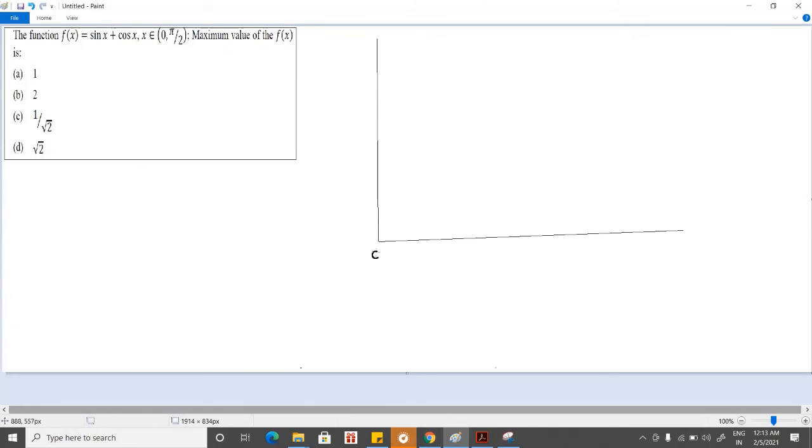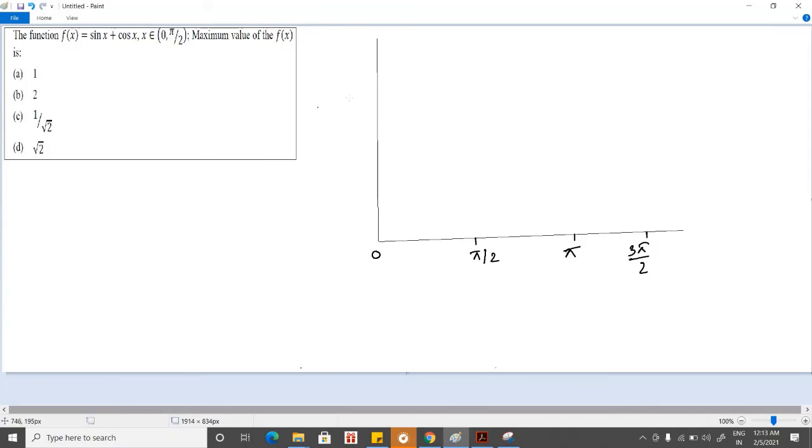Now let us mark the points. It is 0, and then we have pi by 2, and then we have pi, then we have 3 pi by 2, and so on and so forth.